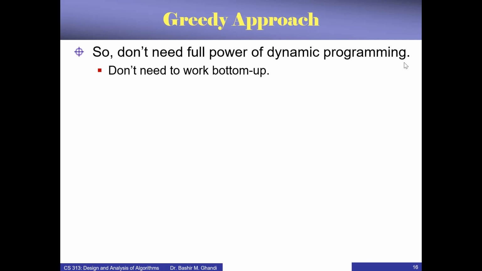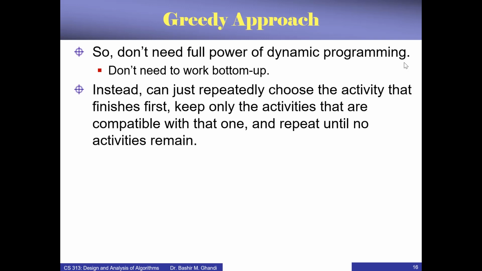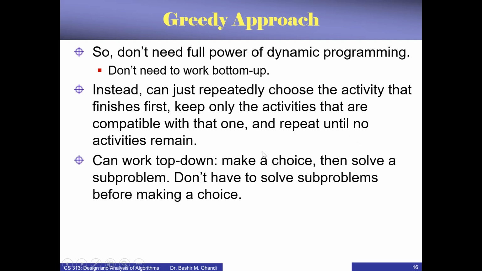We don't need to work from the bottom up. Instead, all we have to do is repeatedly choose an activity that finishes first, keep only the activities that are compatible with that one, and repeat the process until no activity remains.